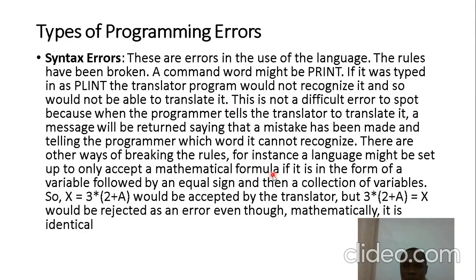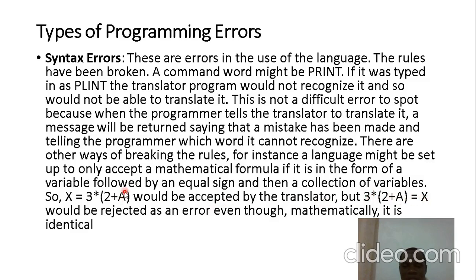So a syntax error would be like, if you look at the way this is written. If a programming language uses x is equal to 3 multiplied by brackets 2 plus a, then instead you start with 3 multiplied by brackets 2 plus a is equal to x.